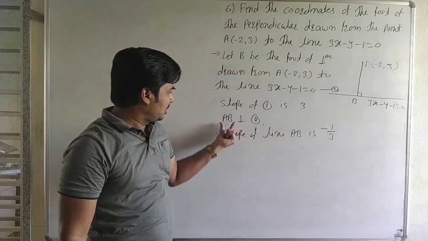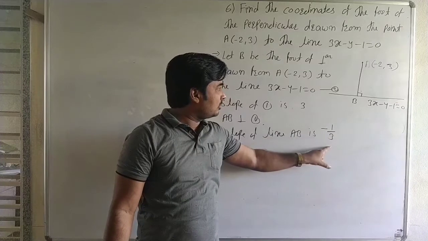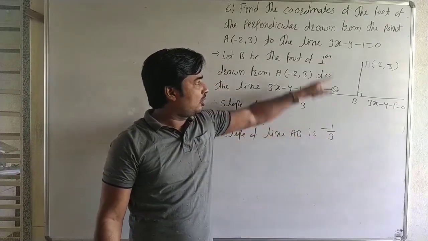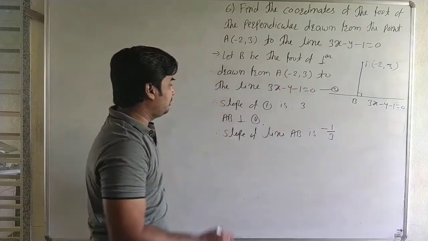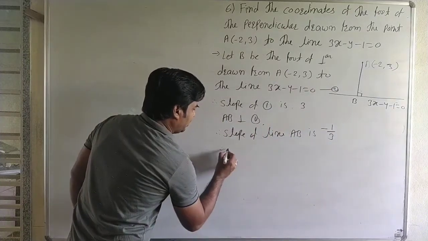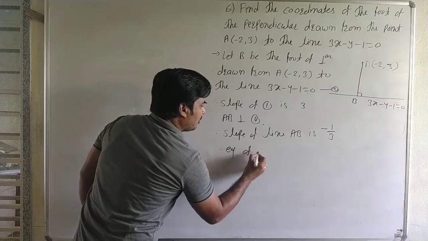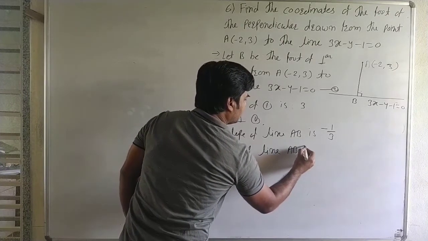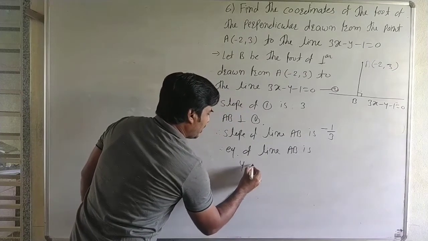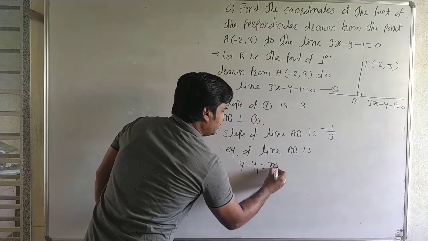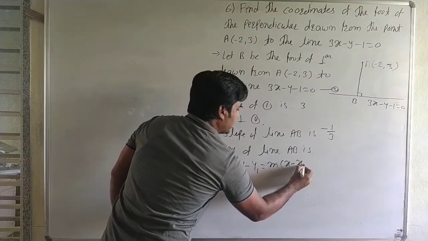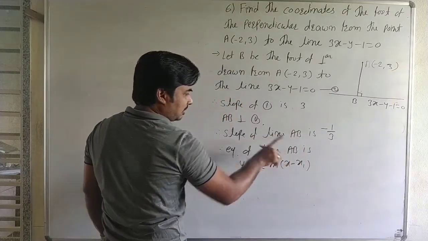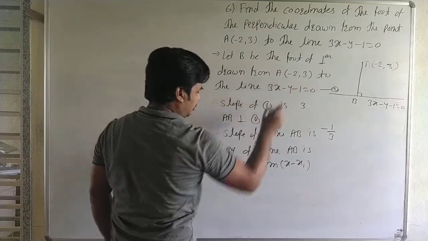Now we know the slope of line AB is minus 1 by 3, and the line passes through point A, so we know a point and the slope, and we can find the equation of line AB. The equation of line AB is y minus y1 is equal to m into x minus x1, where m is the slope, minus 1 by 3, and x1, y1 is the point minus 2 comma 3.